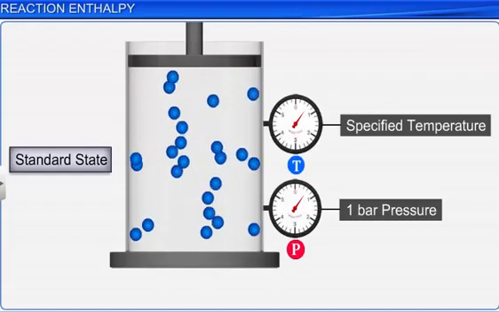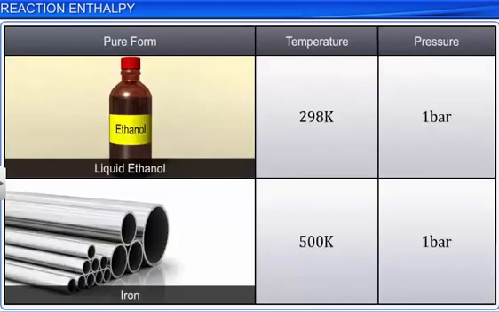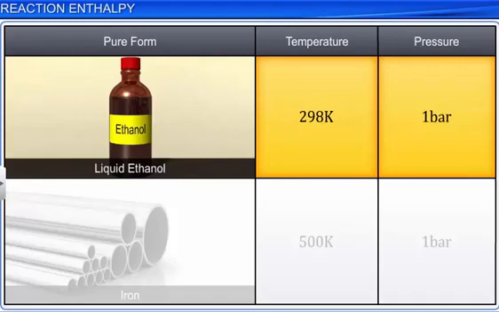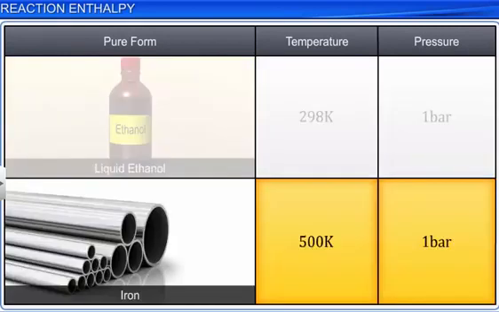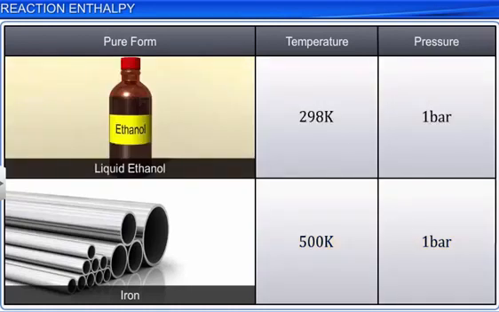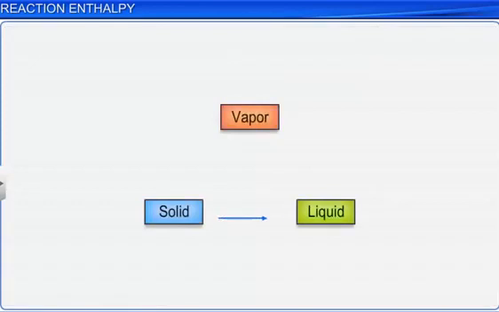For example, the standard state of liquid ethanol is pure liquid ethanol at 298 Kelvin and 1 bar pressure, and the standard state of solid iron is pure iron at 500 Kelvin and 1 bar pressure. Let us now look at the enthalpy changes during phase transformations.